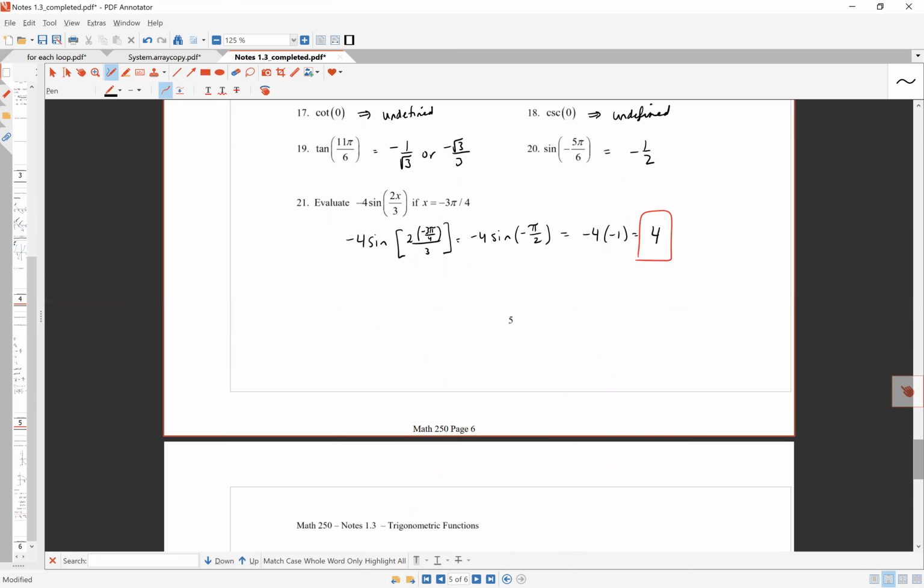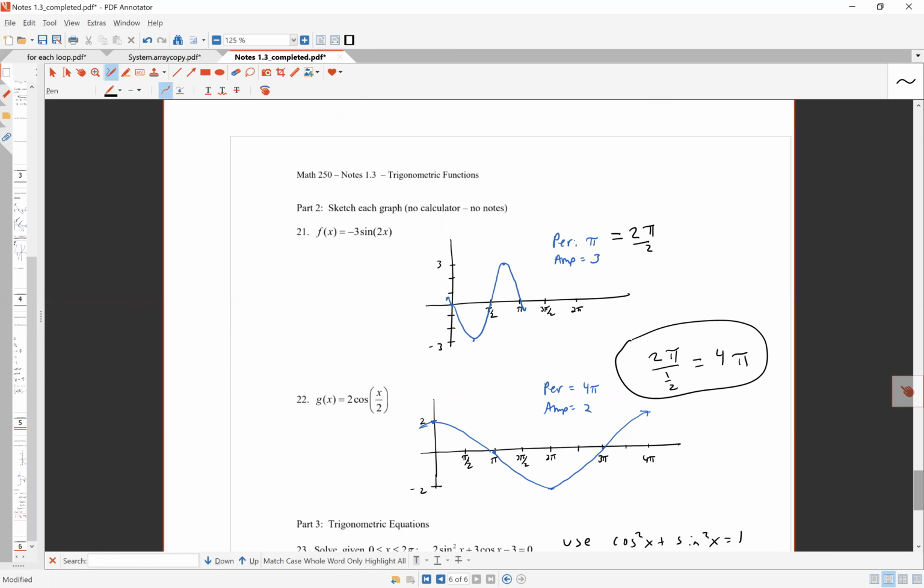Then there are just some examples I encourage you to go over. Remember the sine of 2x, like number 21 there. The period is actually pi, so that's why it says per pi.